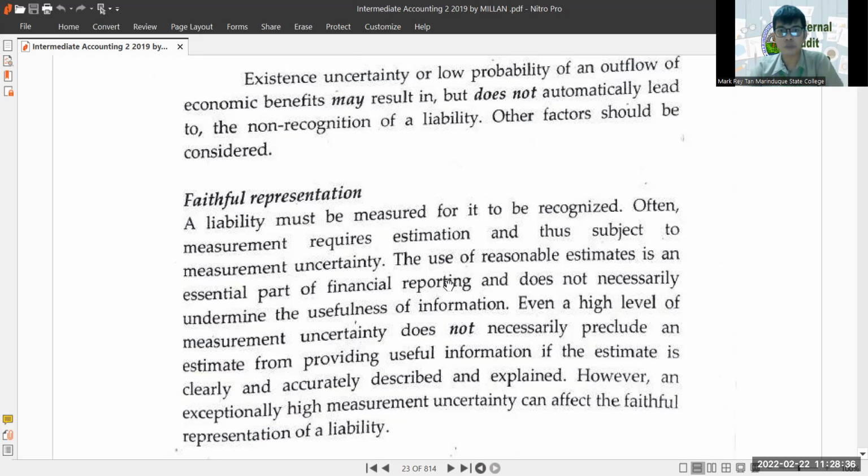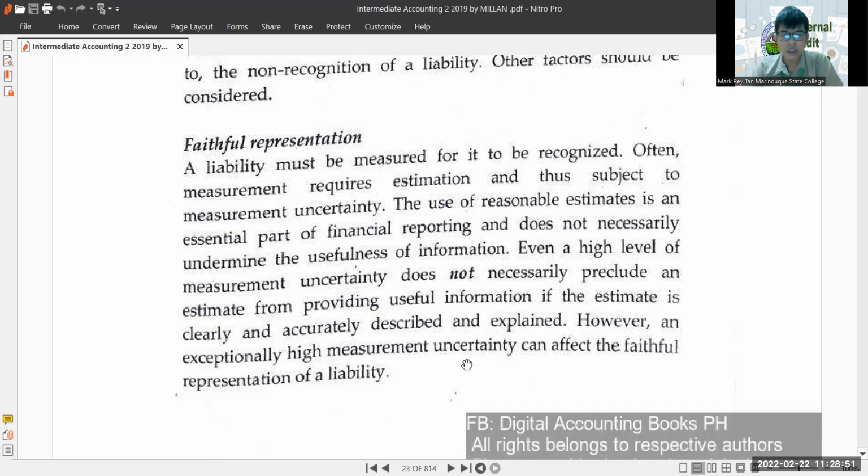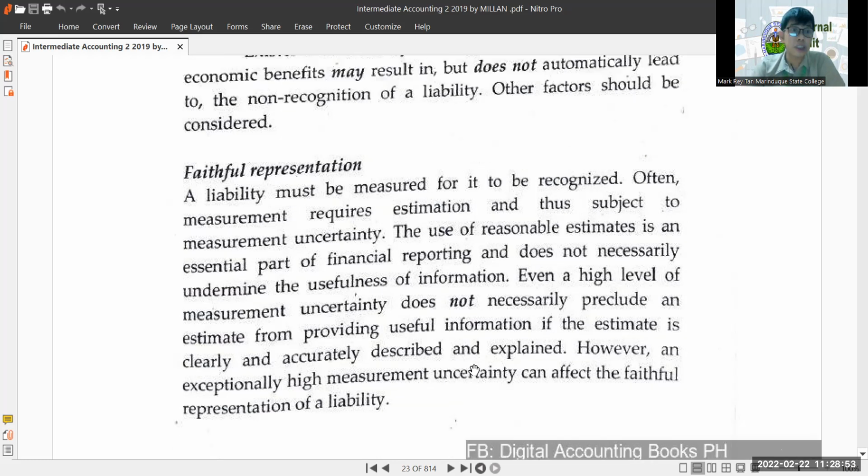Kaya nga lang, yung measurement, hindi siya palaging certain. Kaya, if that is the case, we have to use estimates. Ayan, ito. The use of reasonable estimates. So, madidiscuss natin yan further later when it comes to provision. Ito yung provision ang pinag-uusapan dito.